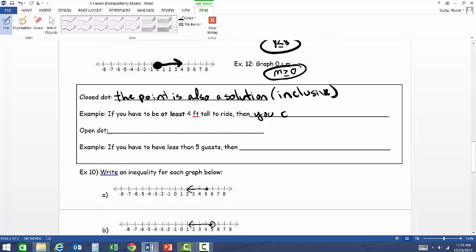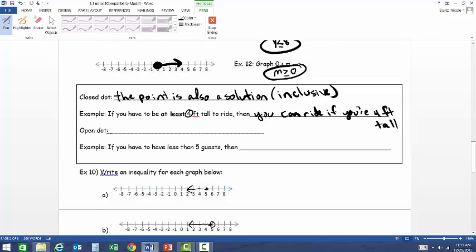So you can ride if you're 4 feet tall. So that 4 would have a closed dot on it, and that means it counts as a solution. It works.